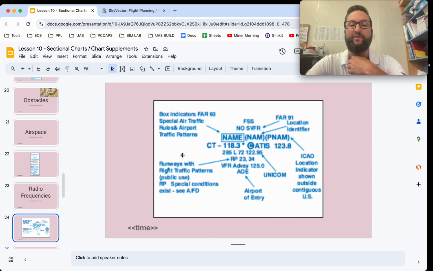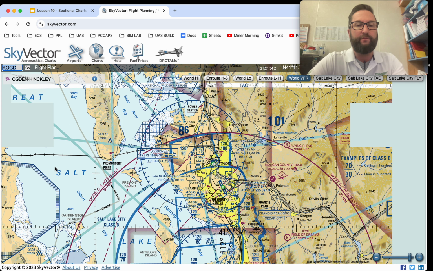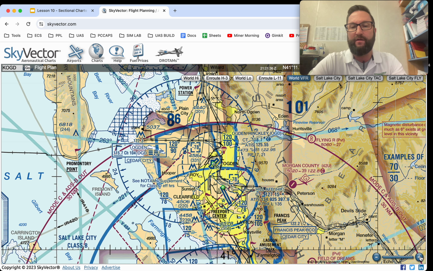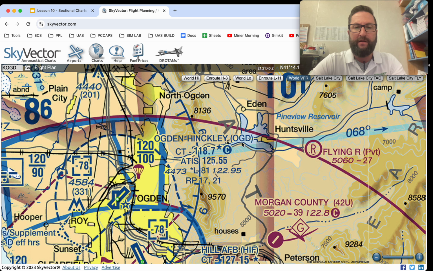And then we have radio frequencies on our maps here. So like here, this is how to break down what all the different radio frequencies mean. But for example, if we go up to Ogden here, and if I zoom in on Ogden, got to kind of find it, but it's right there. Ogden Hinckley Airport, Control Tower 118.7.